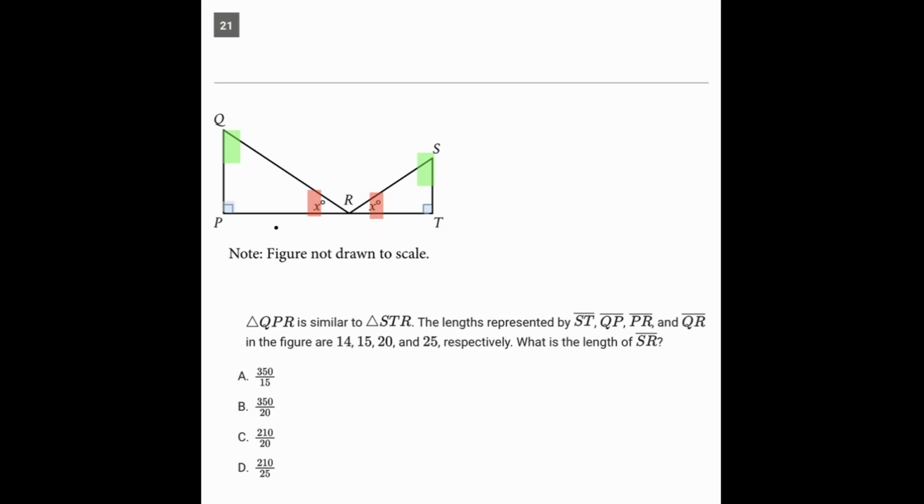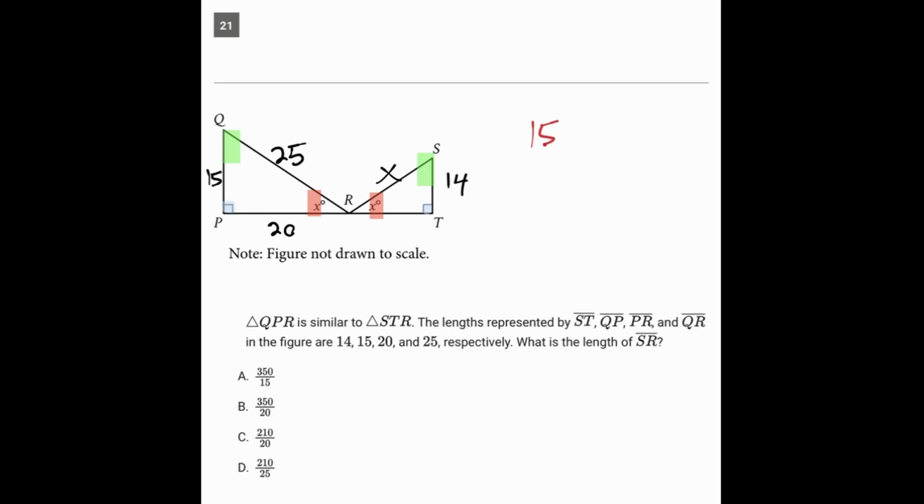So now we have our three pairs of corresponding angles, and we have a bunch of side lengths. ST is 14, so let's write that. QP is 15. PR is 20. And QR is 25. And we're being asked for SR, so let's call that X. Now we can write a proportion of any two pairs of sides that correspond.